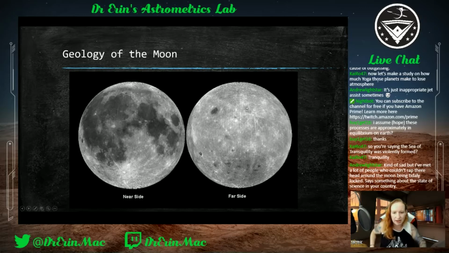And yeah, Andrew, it is hard to wrap our minds around. I think that there's a lot of things in astronomy that are still difficult to conceptualize because it's counterintuitive. And so the idea that it's tidally locked is kind of hard to imagine.